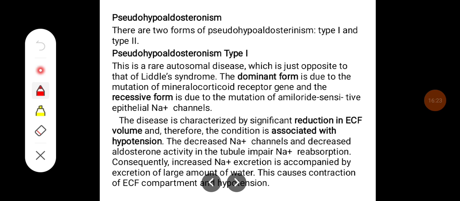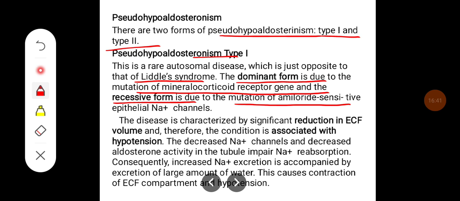Pseudohypoaldosteronism. There are two types of this, type 1 and type 2. Type 1 is a rare autosomal disease which is just the opposite of Liddle syndrome. The dominant form is due to the mutation of the mineralocorticoid receptor gene, and the recessive form is due to the mutation of amiloride-sensitive epithelial sodium channels.